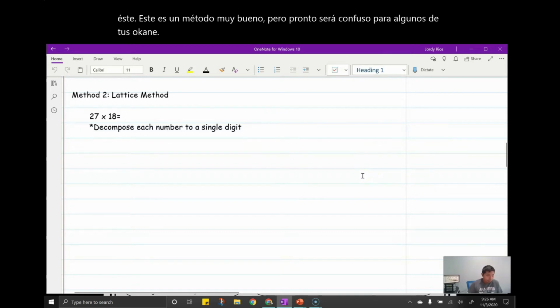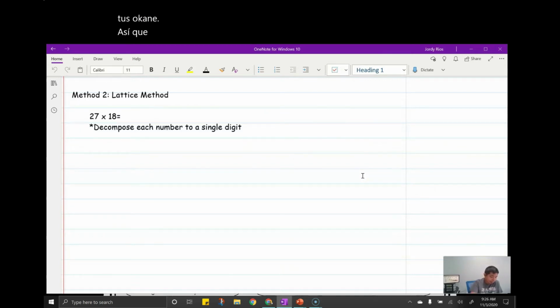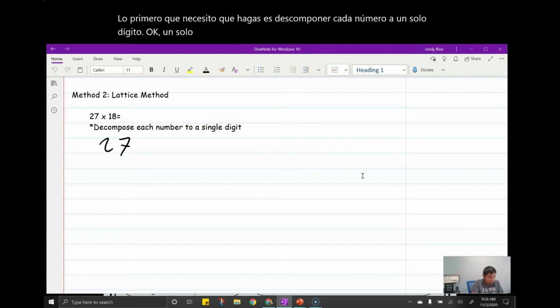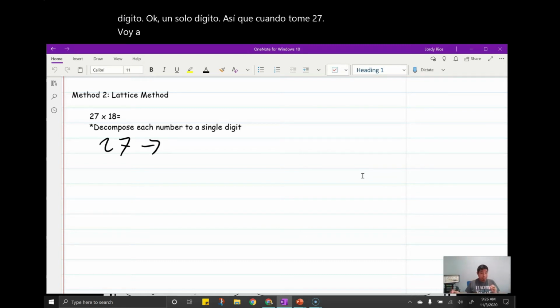So when we're talking about the lattice method, the first thing I need you to do is decompose each number to a single digit, okay, single digit. So when I take 27, I'm gonna break it apart to its single digits, so I get 2 and 7.